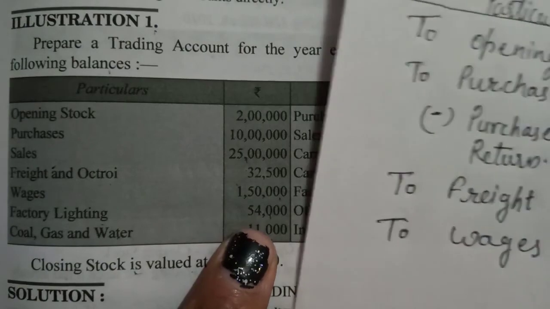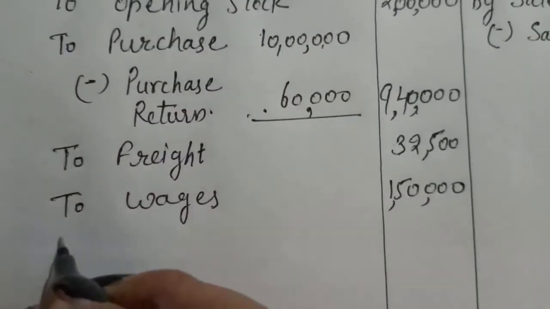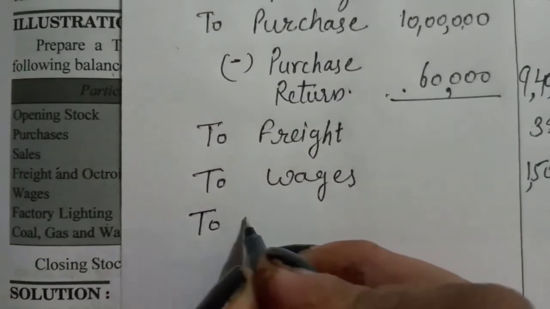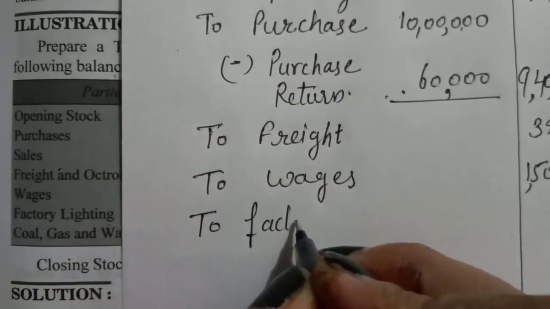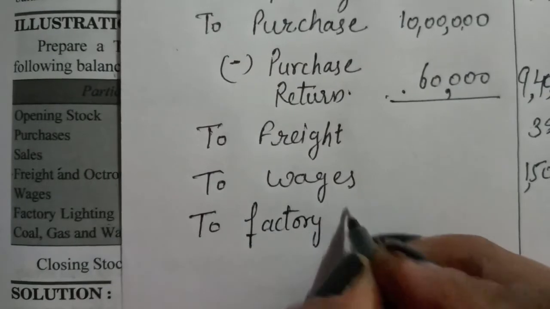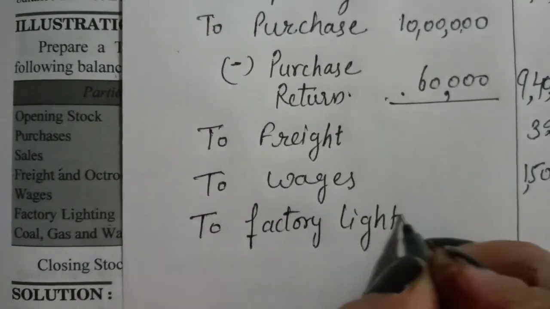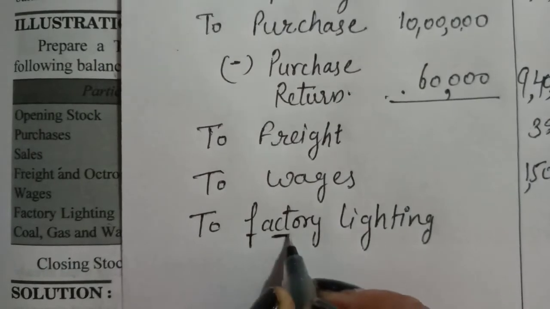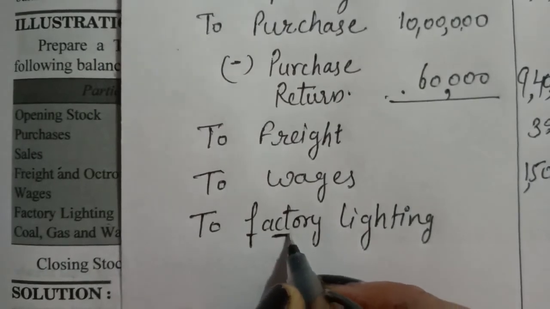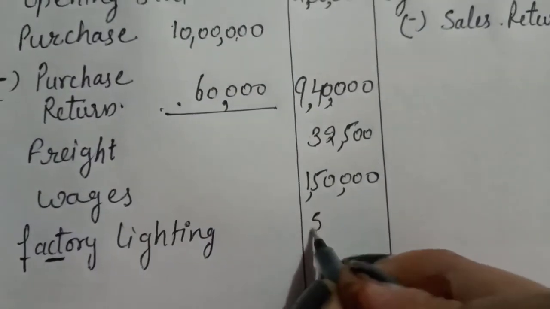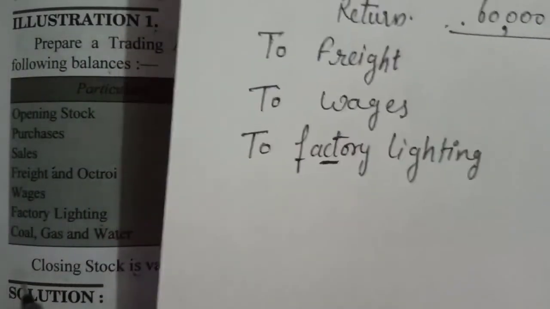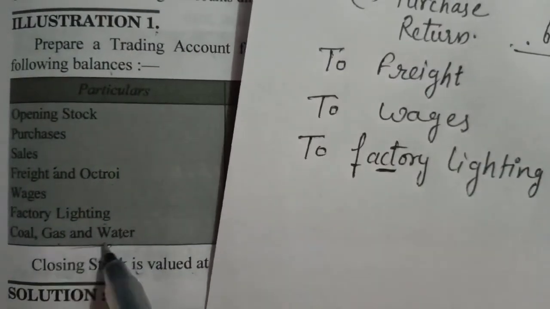Next is factory lighting, that is 54,000. Again this is a direct expense. So you will write here "To factory lighting". All the expenses that are related to factory will come in trading account. So factory lighting you have to write here, that is 54,000. The next item is coal, gas and water.